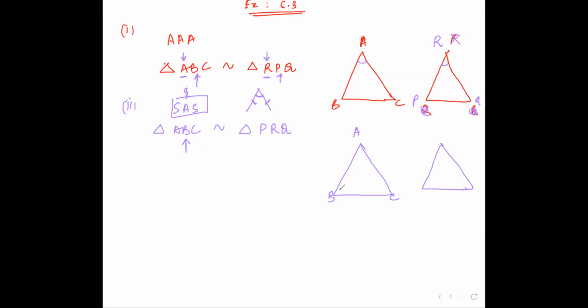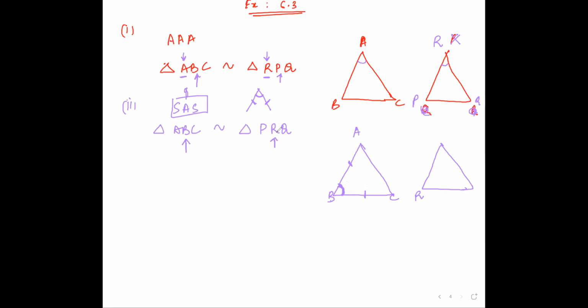So that means angle B is equal to angle R. Here I have B, so I'll write R here. Understood? Now ABC: this is your AB side and this is your BC side. Between these two sides there is angle B, right?